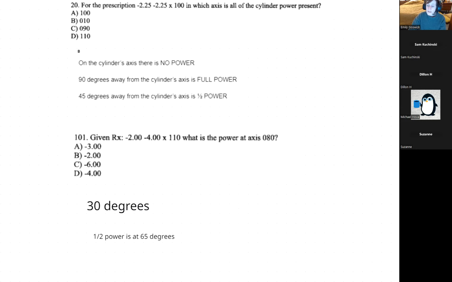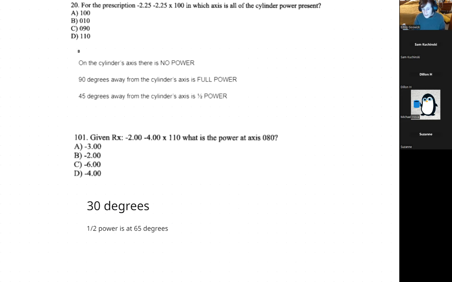So basically what I did was, because we have this weird thing of 30 degrees, I'm like, all right, let's figure out where we would know that it was half power. So I'm like, okay, we know that it's half power 45 degrees away from 110. So I said, okay, 110 minus 45 is going to be 65 degrees. So we know that at 65 degrees, we would be at about half power.